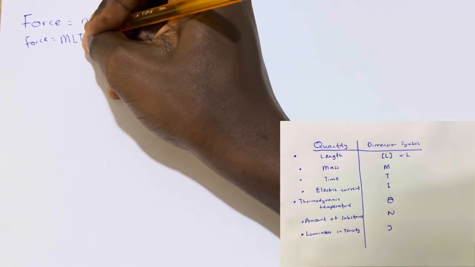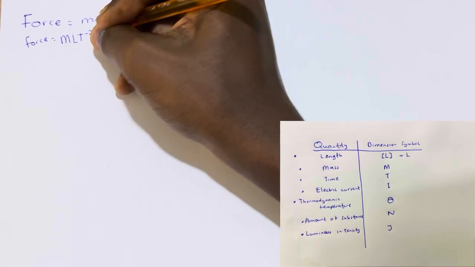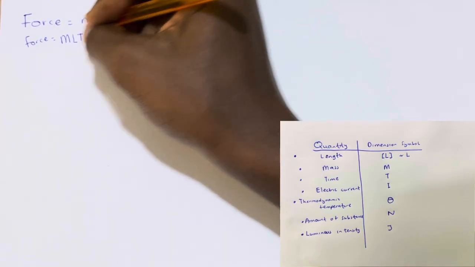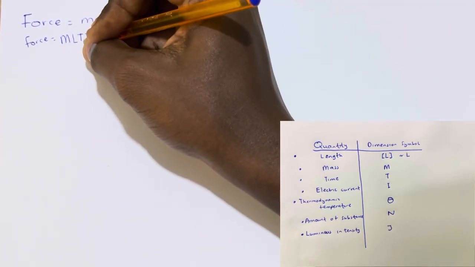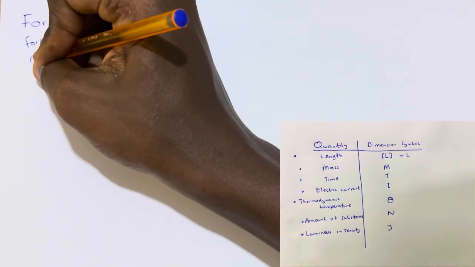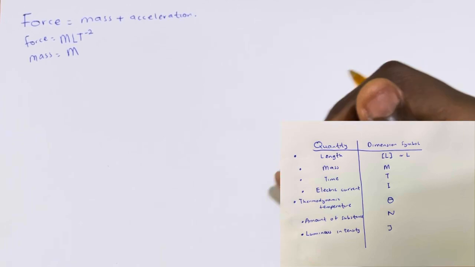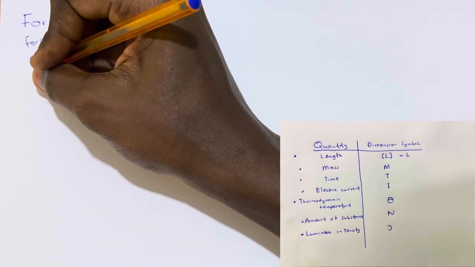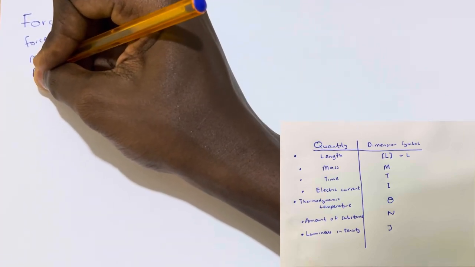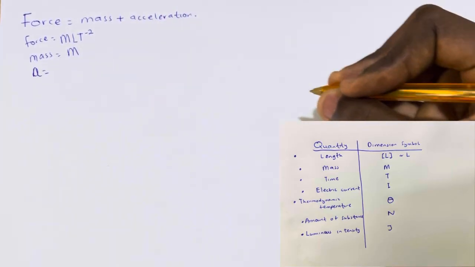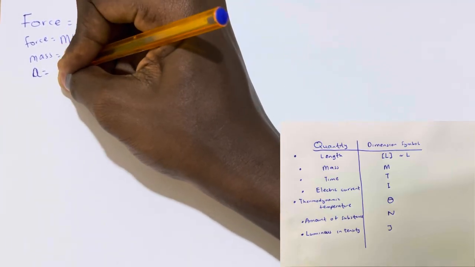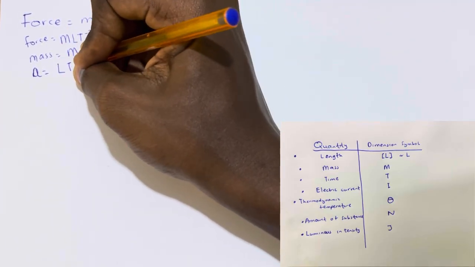Mass is M from the quantities, and acceleration, let's say small a, equals the velocity over time.